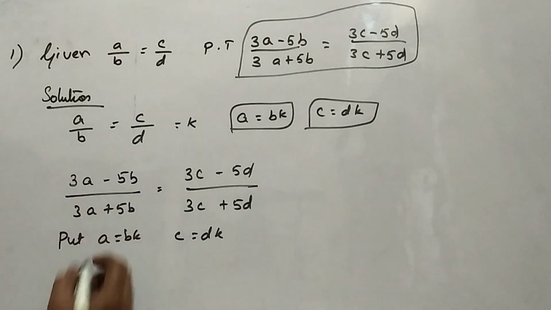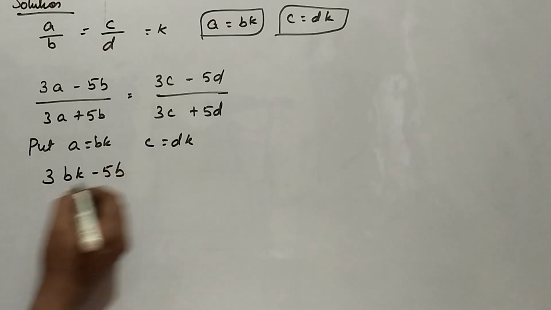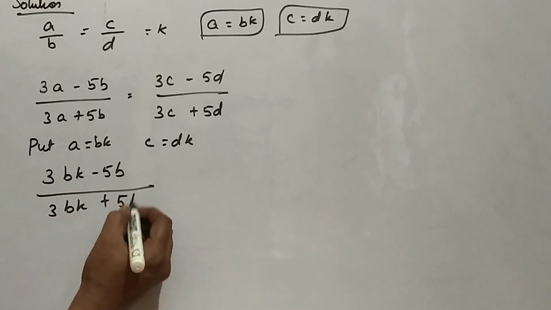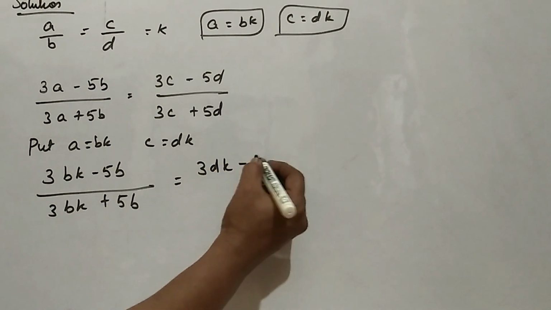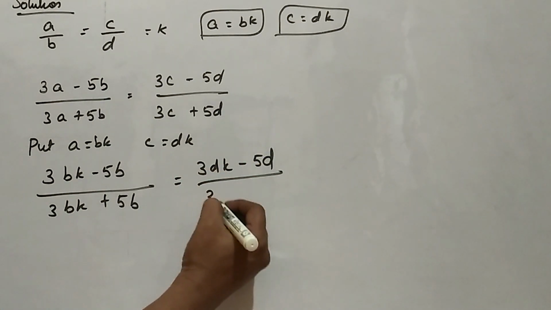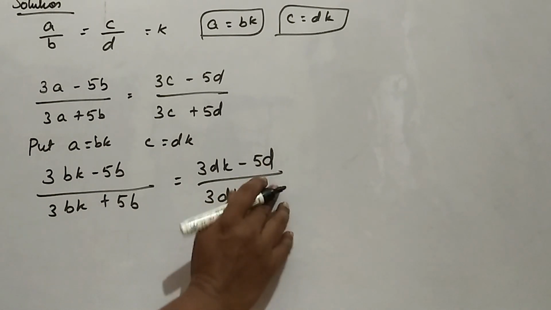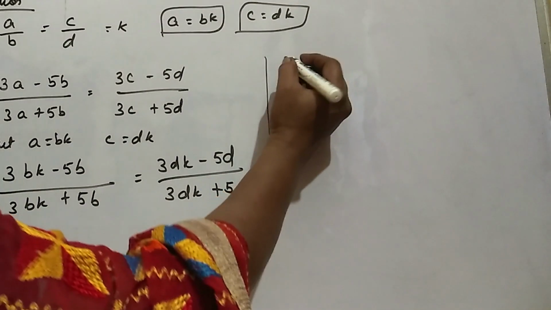So, you will get 3BK minus 5B upon 3BK plus 5B is equal to 3DK minus 5D upon 3DK plus 5D. Okay. Now, take out common.